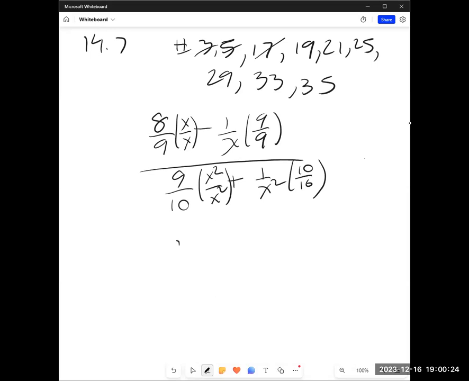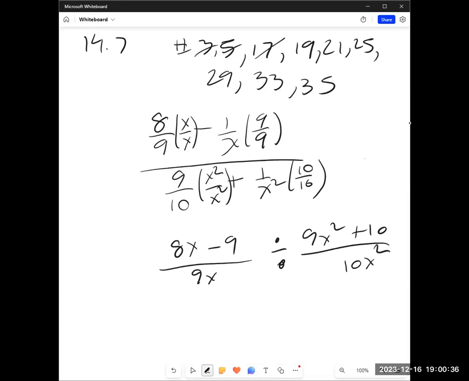This is going to be 8x minus 9 over 9x divided by 9x squared plus 10 over 10x squared, so 8x minus 9 over 9x times 10x squared over 9x squared plus 10.